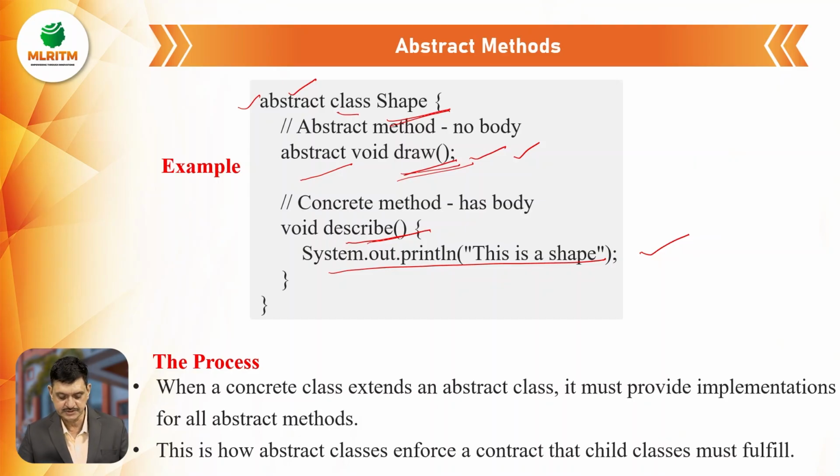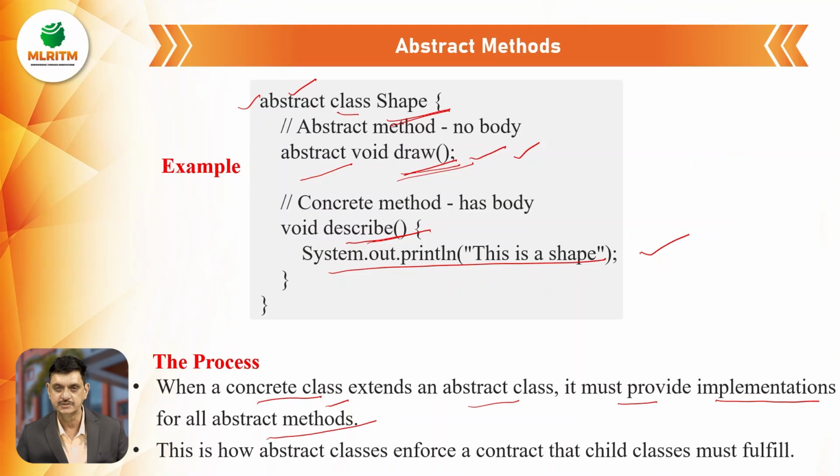So what is the process when any concrete class extends this abstract class? A concrete class means the class contains all its requirements, all its methods, all its data, and is fully defined. Whenever a concrete class extends an abstract class, it must provide implementations for all these abstract methods. We can declare a class as a concrete class when it contains all its requirements.